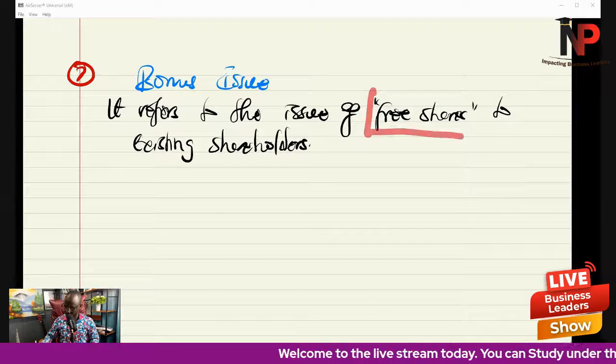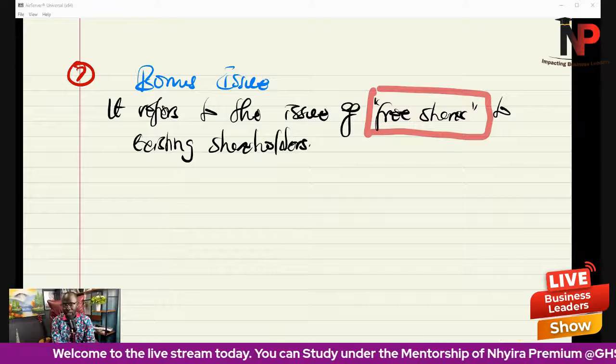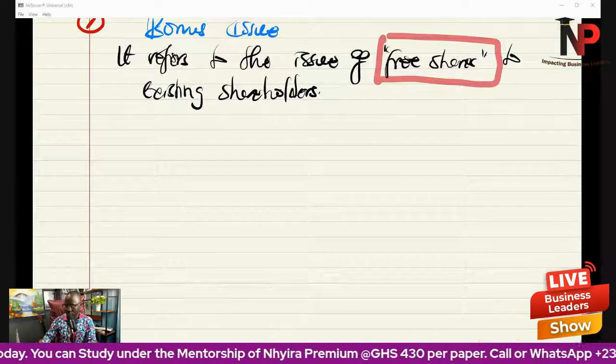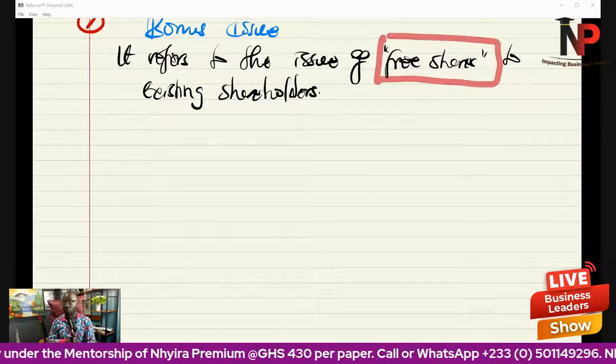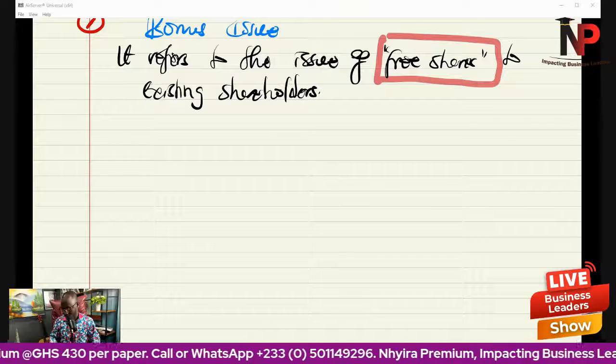Keyword, free shares. So you get additional shares for paying nothing. Why is this so? Because it happens when an entity is trying to convert reserves into stated capital.